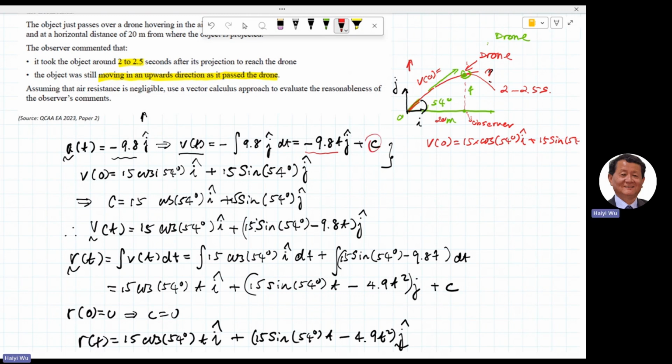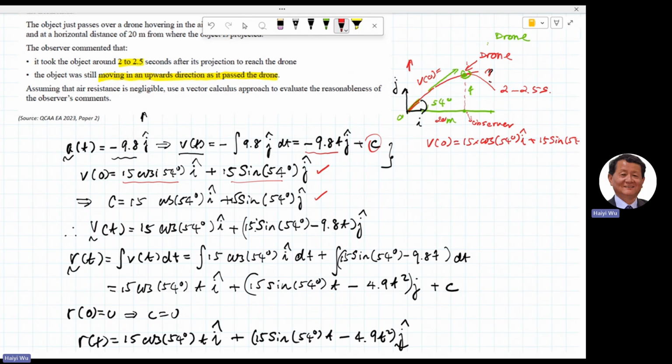So let's decide what the c is. We know the initial velocity is given: 15 times cosine of the angle, the horizontal component, and the vertical component. So my c is equal to this.